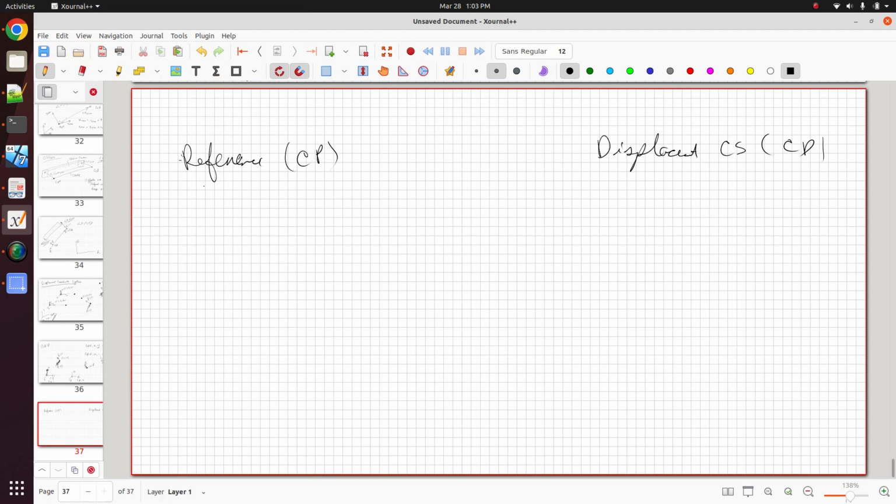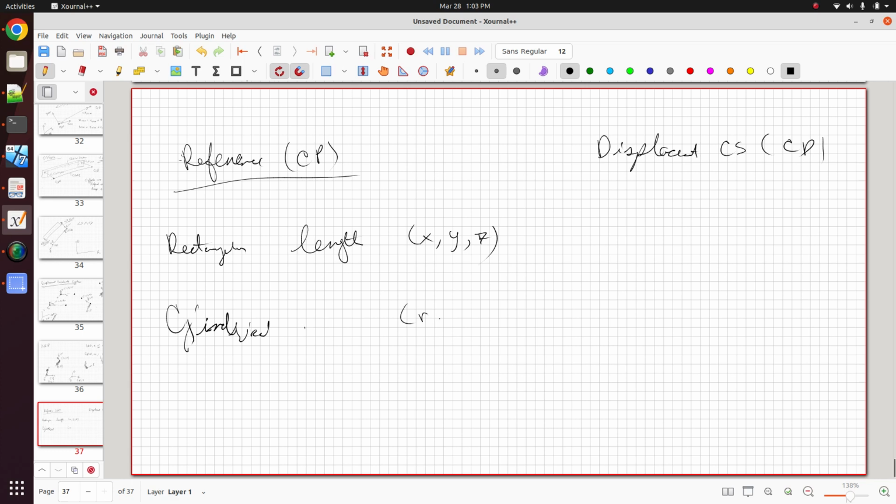Let's talk about units. If you're dealing with rectangular coordinate systems, the units are length. So you have X, Y, Z. Those are in units of length. Cylindrical: the units are different.